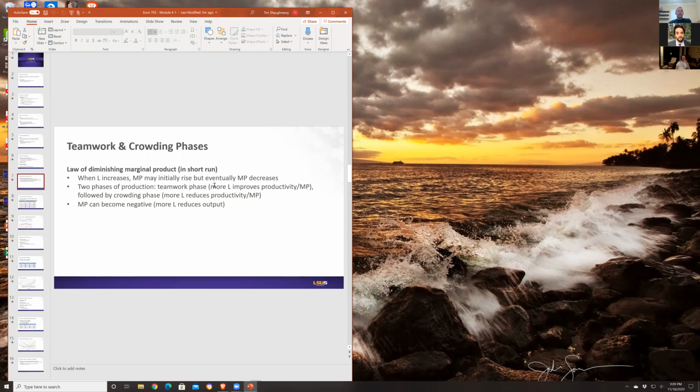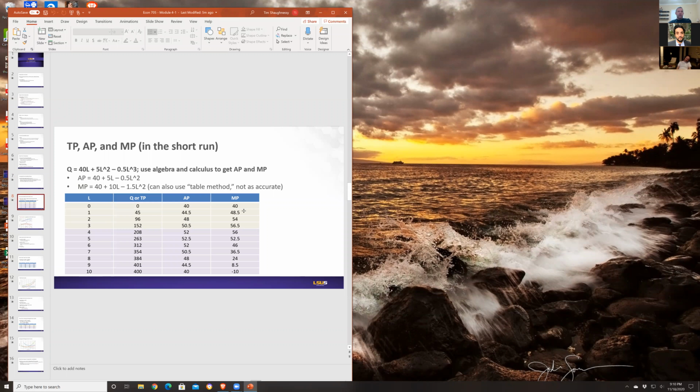So the teamwork phase is, as I said, more L leading to higher marginal product. That'll be my beige area here. If I can see that marginal product is increasing, I say, well, I'm in the teamwork phase, the increasing returns phase. If I'm in the purple range, then I'm in the decreasing marginal product area, the crowding phase, the diminishing returns phase.